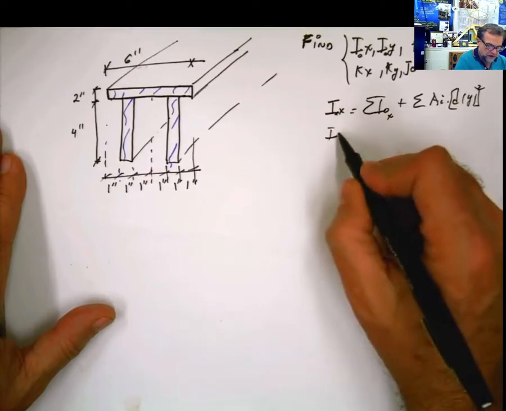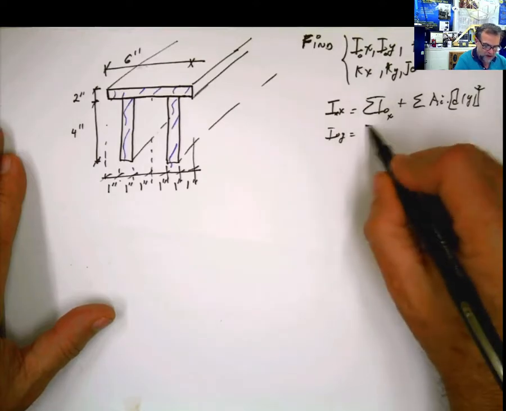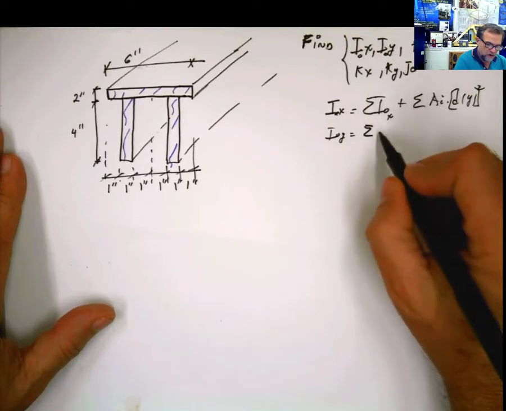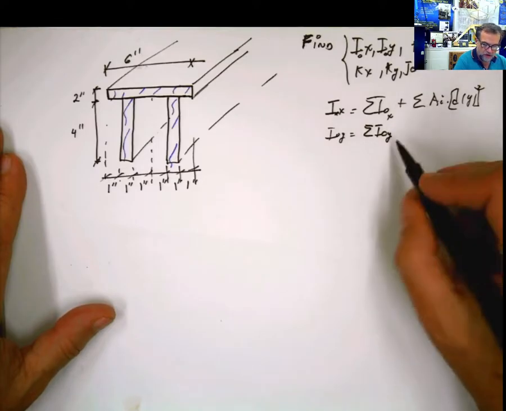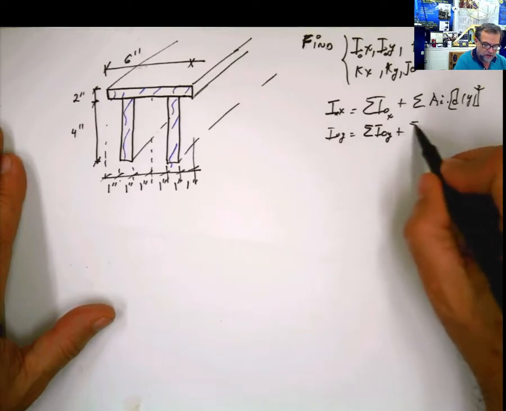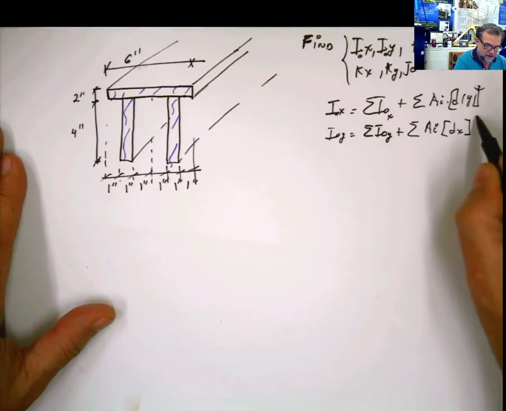The moment of inertia with respect to the centroid in the y direction is the summation of all the individual centroid moments of inertia of each one of the figures with respect to the centroid, plus the summation of the areas times a distance measured in x squared.